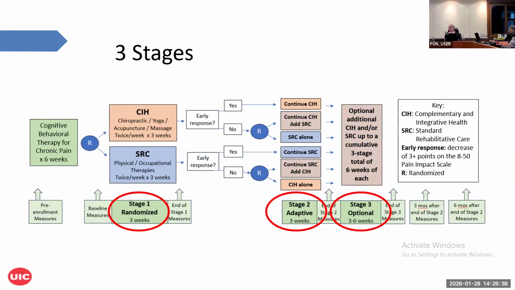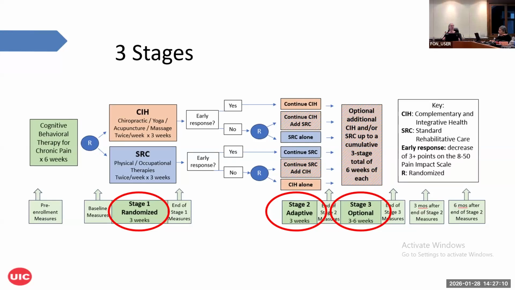With a pragmatic clinical trial, because we're doing real life clinical experience, you can see that we aren't saying to the patient, no, okay, you don't get anything else. There's optional additional CIH, the complementary and integrative health therapies, or standard rehabilitative care based on how they're doing.